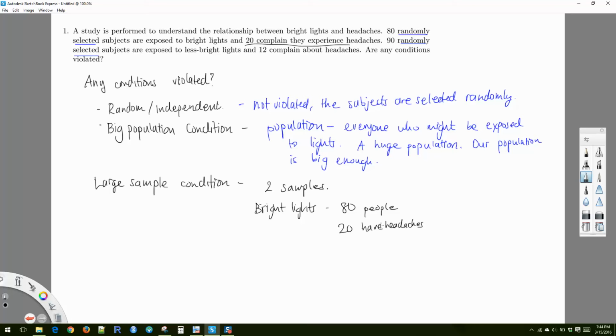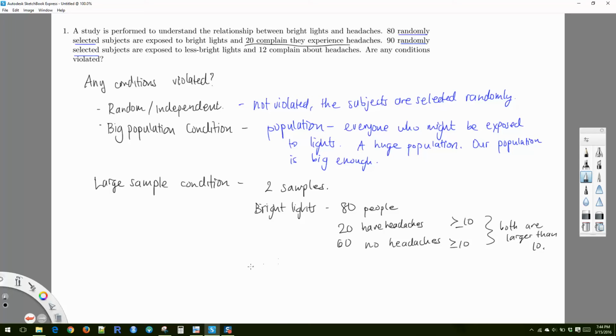So how many people don't have headaches? 60. So 20 is bigger than 10, and 60 is also bigger than 10. So both are larger than 10, and we're good there.